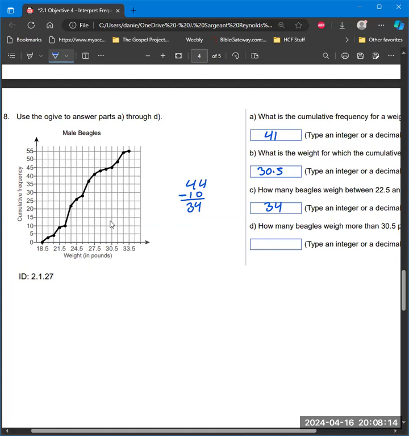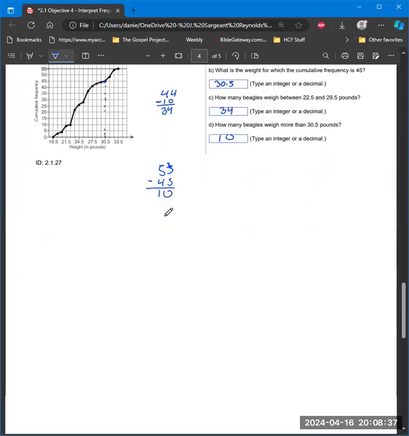We have 55 total, and then 30.5 when we come up here. So less than or equal to 30.5 is 45. We're going to subtract to get what's greater than that, and we get 10. So that's how we're going to get that number.